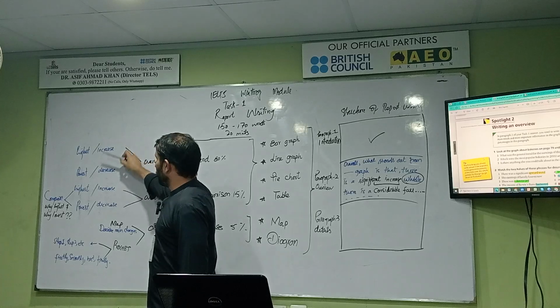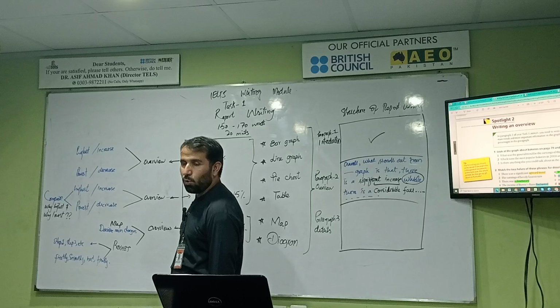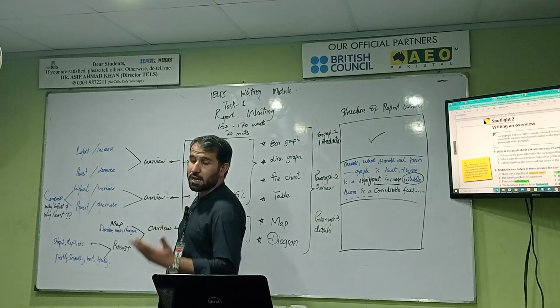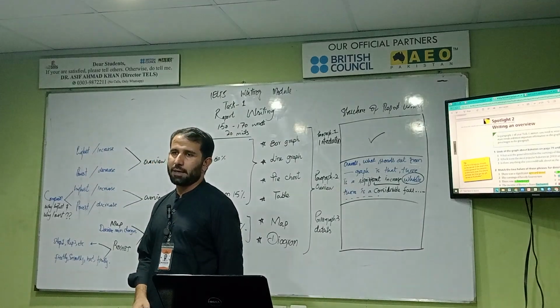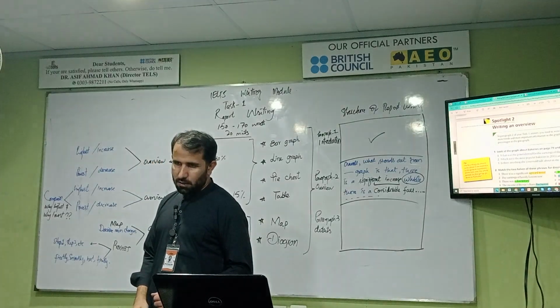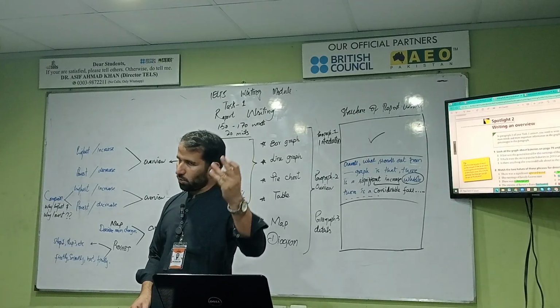In the overview, you will mention the increase and the decrease, and you always have variables. For example, a person is selling various types of bakeries. Got it? For example, cake and chocolates or donuts.